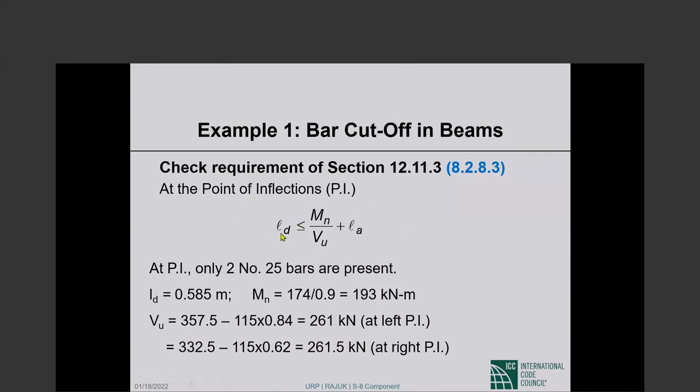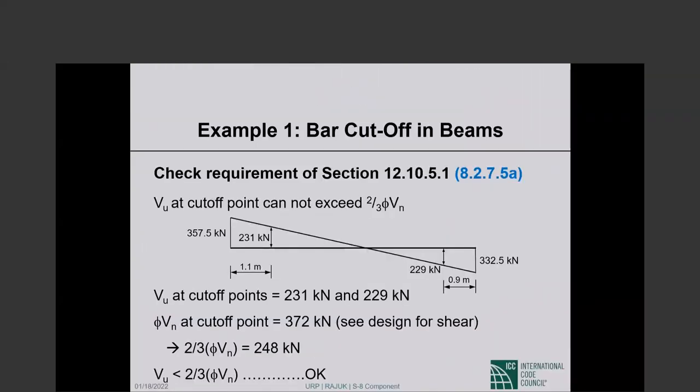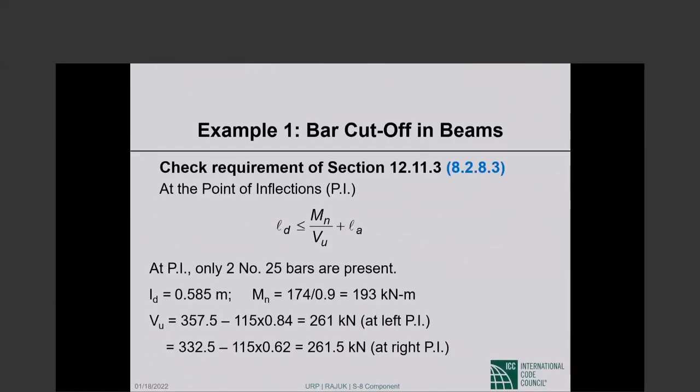L sub D cannot exceed M sub N over V sub U plus the embedment length. At the point of inflection, only two number 25 bars are present. Okay? At the point of inflection was 1.4. Anyway, you can check back.